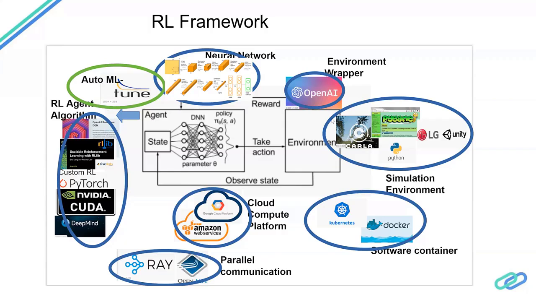So first of all, you have to learn about simulation to create an environment. That's what I mentioned here. You have Unreal Engine simulators. You have environment model wrappers, basically an API that you will interact with.